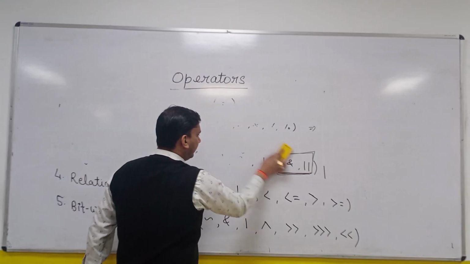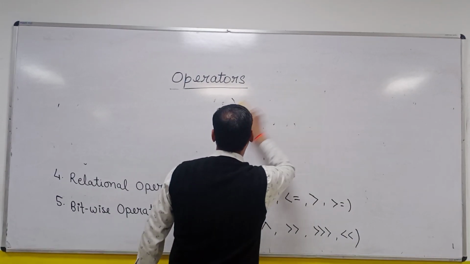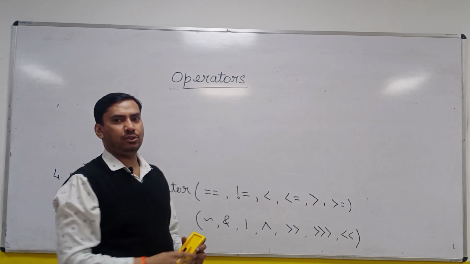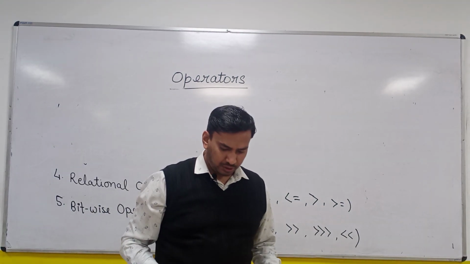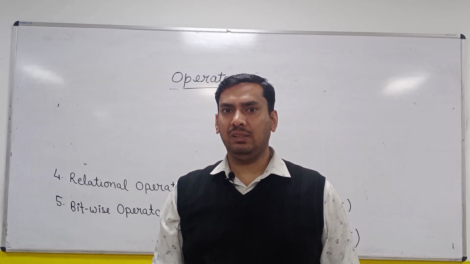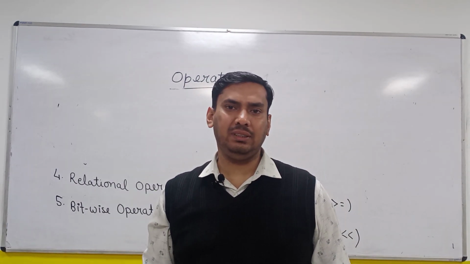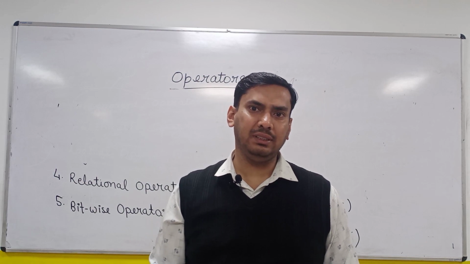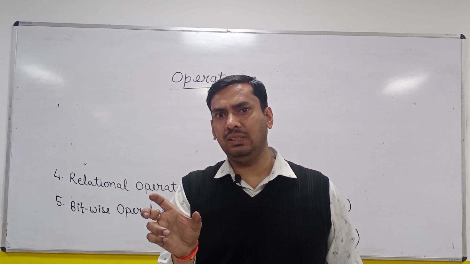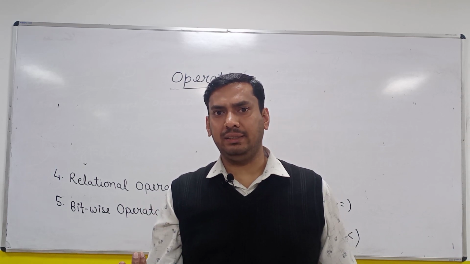So let us talk about the short circuit AND and short circuit OR. What happens in case of short circuit AND? Short circuit AND simply says that if the first operand is false, then the result is already declared.